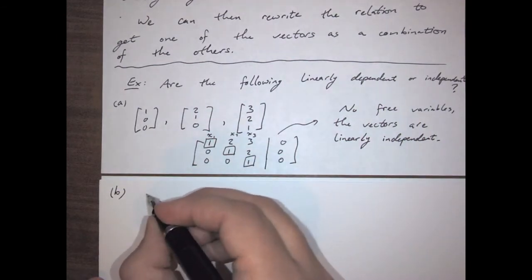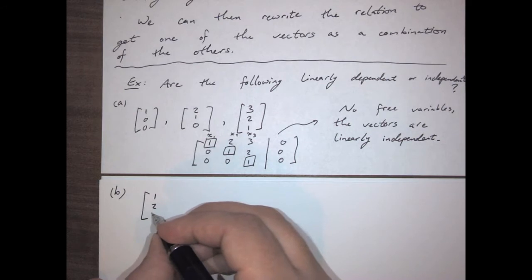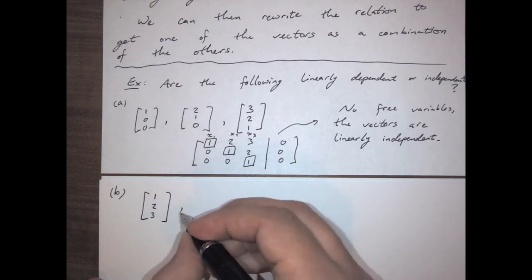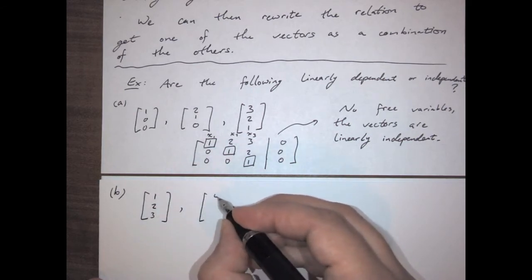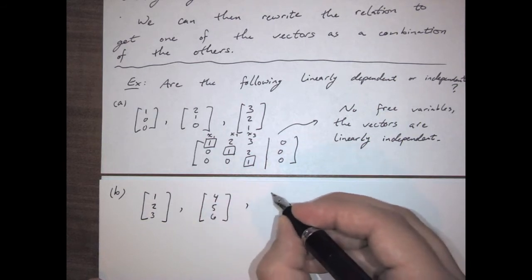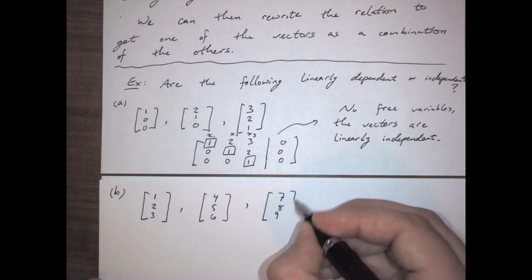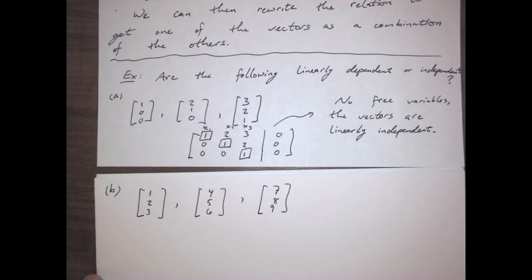Now let's try another example where the vectors in question will be 1, 2, 3; 4, 5, 6; and 7, 8, 9.